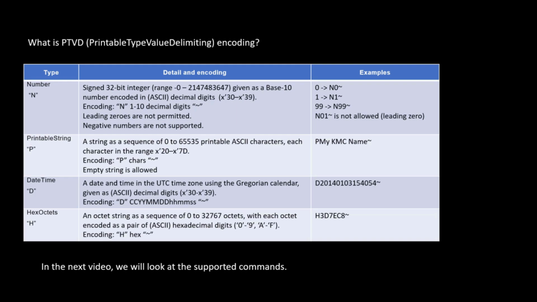And then hex starts with an H, and that's an octet string as a sequence of 0 to 32767 octets. So on the right you can see an example. H3D7EC8 represents the hex number 3D7EC8.